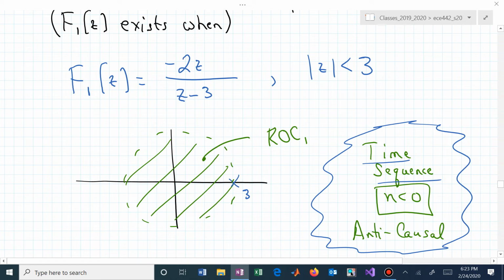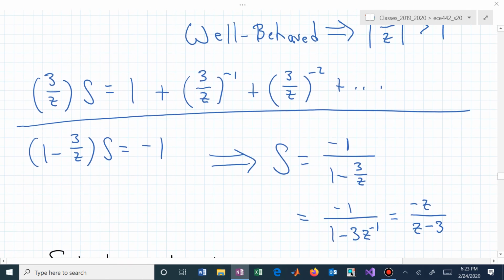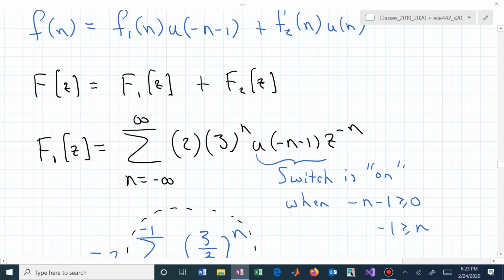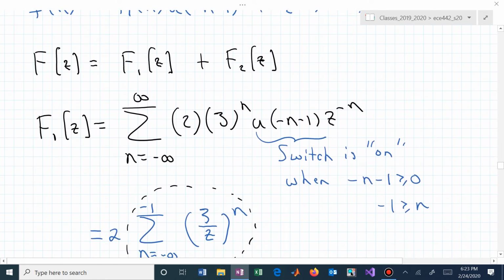And that time sequence is defined for negative n's, or it's anti-causal. Question? So for the argument, what happens if you just use negative n instead of negative n minus 1? So the question I think is concerning the switch. What happens if we just used u of minus n?